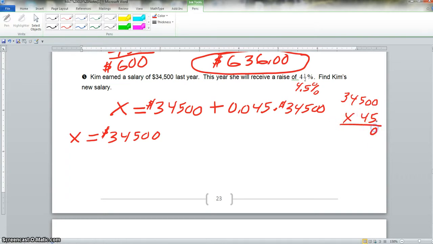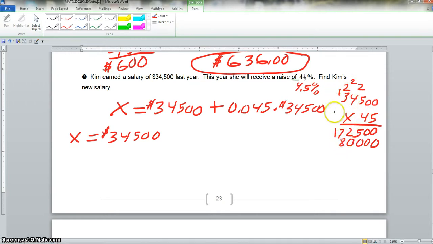So 5 times 0 is 0, 5 times 0 is 0, 5 times 5 is 25. 5 times 4 is 20, plus 2 is 22. And 5 times 3 is 15, plus 2 is 17. Add a 0. 4 times 0 is 0, 4 times 0 is 0, 4 times 5 is 20. 4 times 4 is 16, plus 2 is 18.